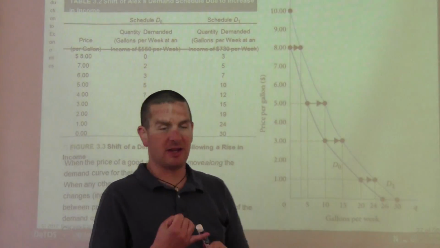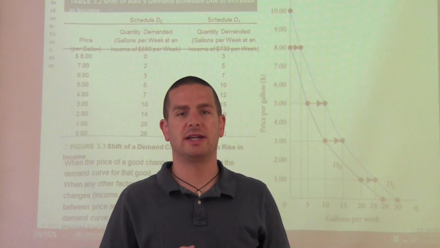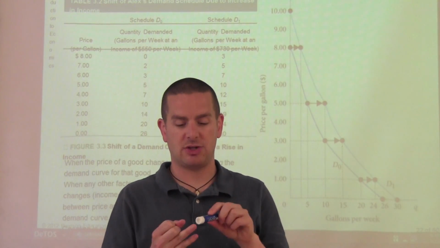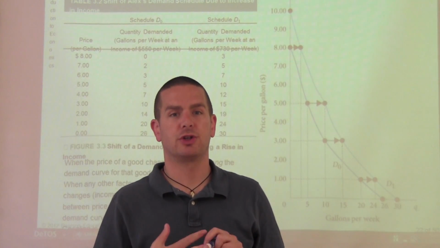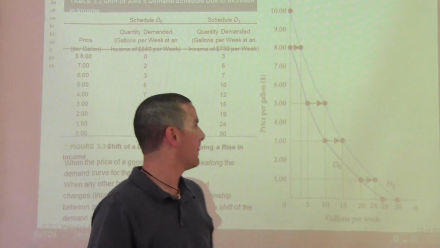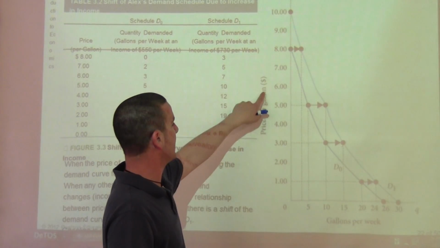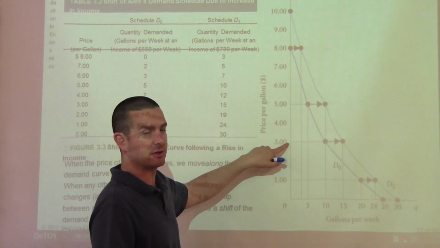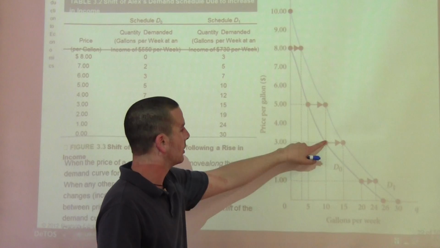Remember, if price changes, then it's a change in quantity demanded. If a price changes, there's a change in quantity demanded, and that means we're going to move along the curve. So if the price of gasoline, the price per gallon, goes from $5 to $3, then we simply slide along the curve.